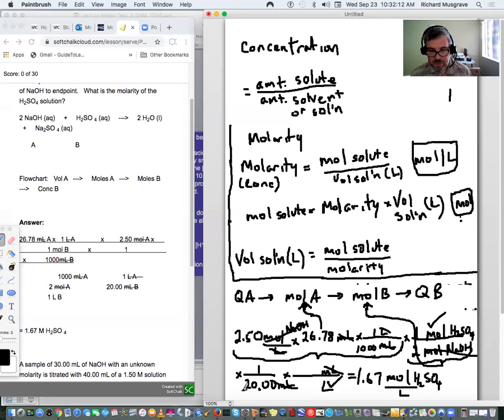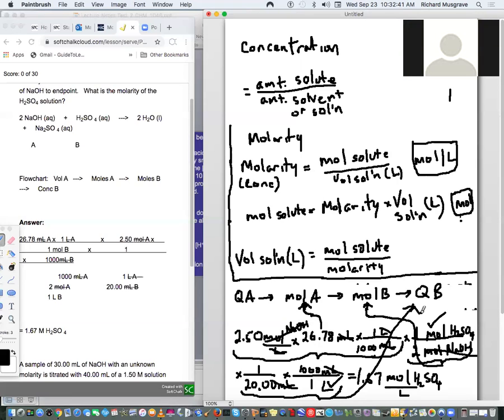This last part, where we divide by the volume, whoops, I didn't put in my numbers here, where we divide by the volume and convert into liters, is how we're getting to the last thing that we need, which is the quantity of B, which happens to be a concentration in this case.